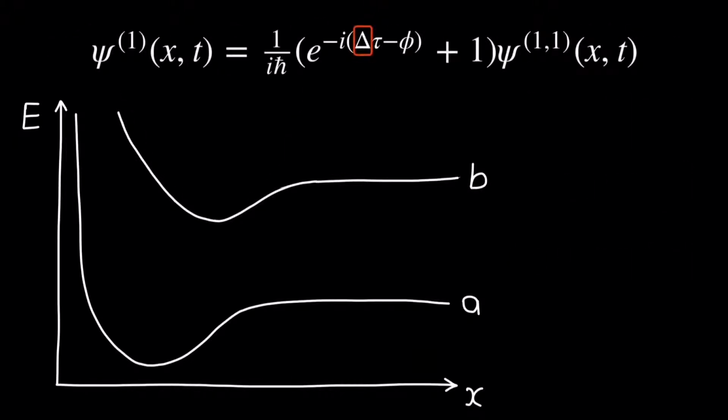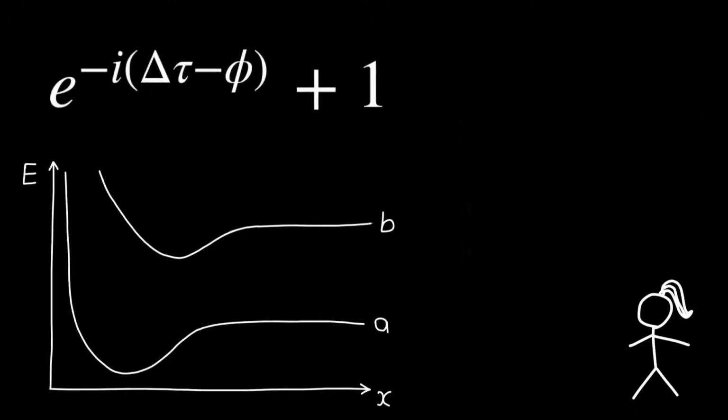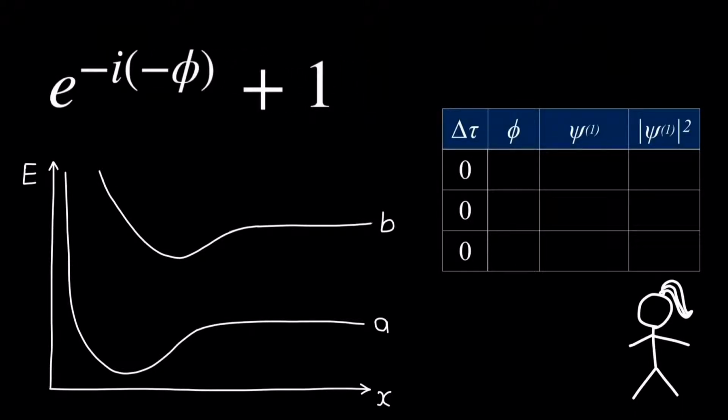Here we can see how the detuning, pump-probe time delay, and phase difference are all going to contribute to the interference between the two wave packets. Let's look at the terms in the brackets, since they will determine the interference between the pump and probe wave packets. Let's first consider just changing the phase in a situation where there is no detuning.